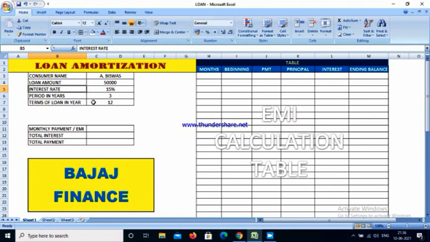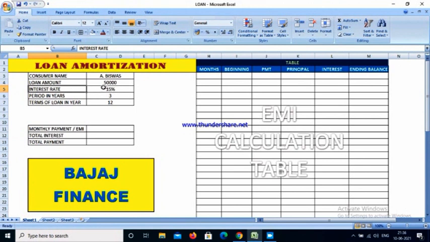There are 12 months in a single year as we all know students. So within a year you have to pay 12 times. So altogether you have to pay 36 times within 3 years to pay the whole loan amount 50,000 with interest.